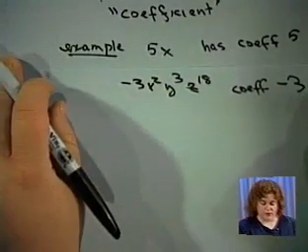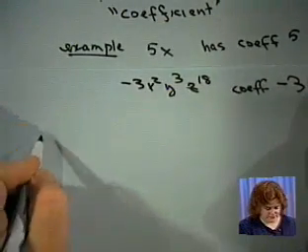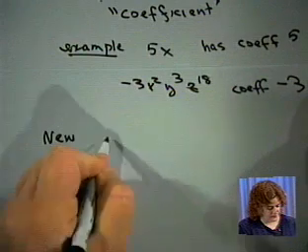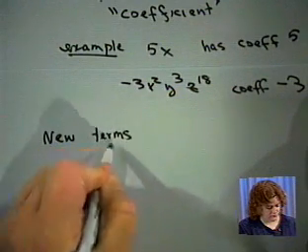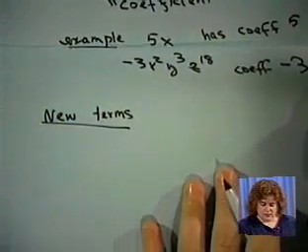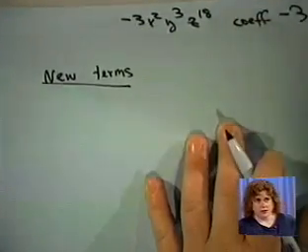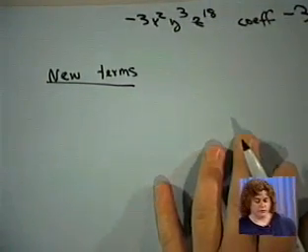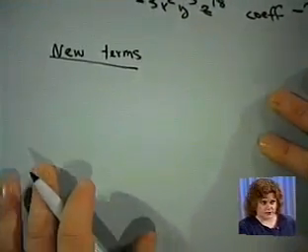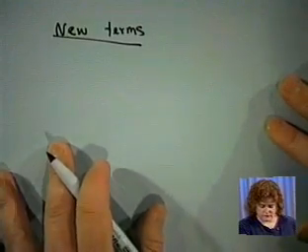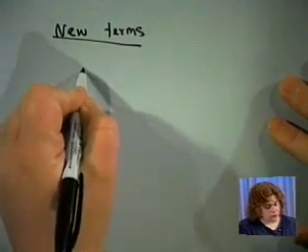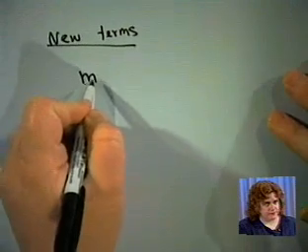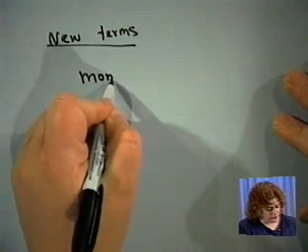Now, at this point, we're going to get into some new terminology. And you can use root words to help you with remembering some of these terms. The first new word for you is monomial.